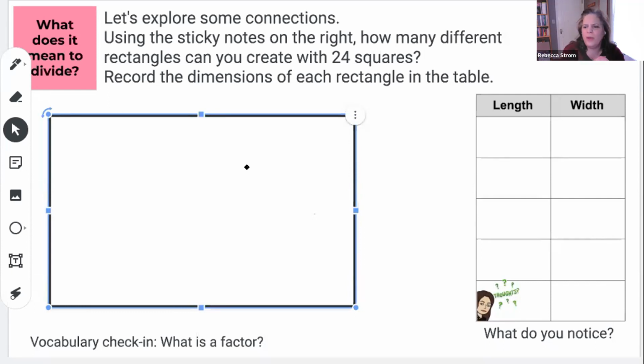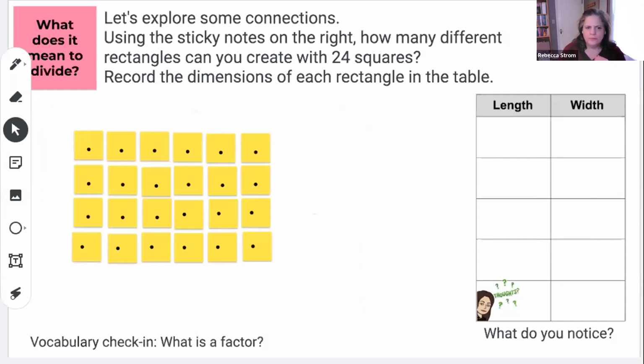What are some examples you might see? So yeah, right. I should clarify that. Great question. Every rectangle needs to use all 24 squares. So as we're doing, I can grab sticky notes, I can write in here.